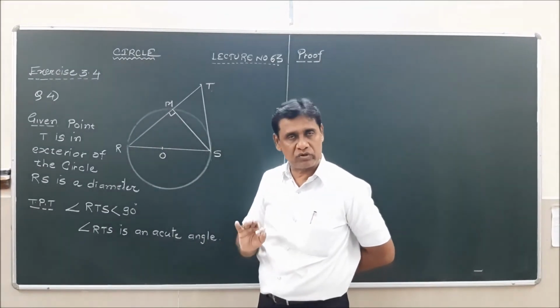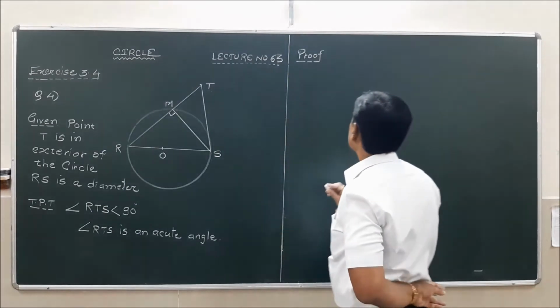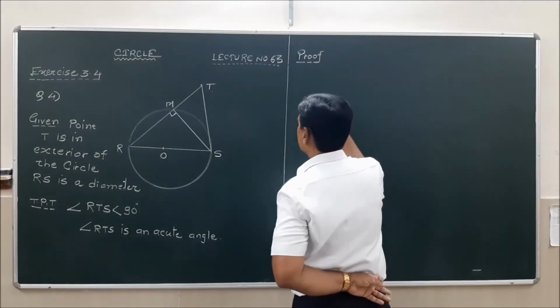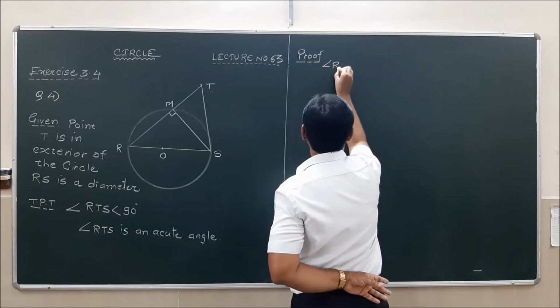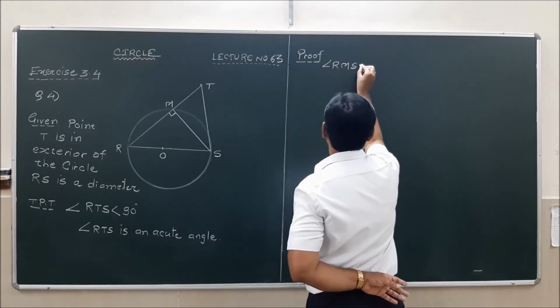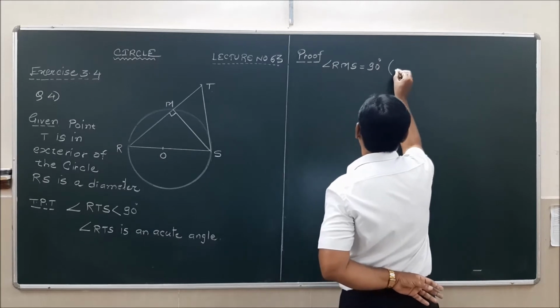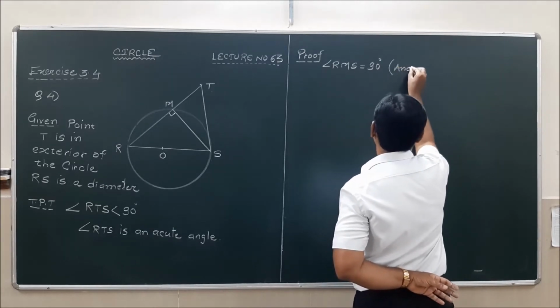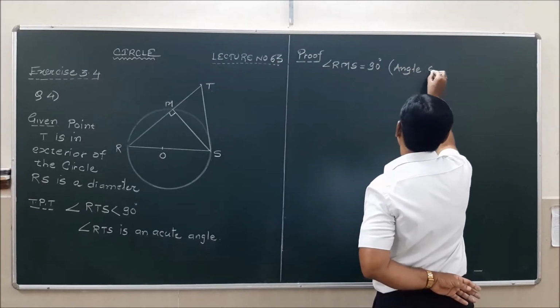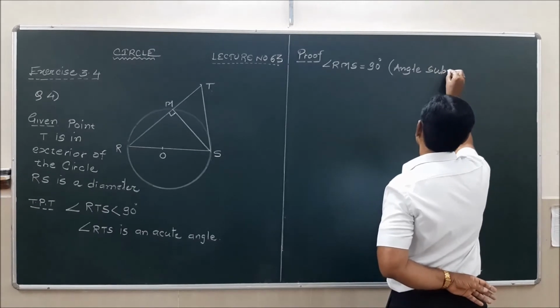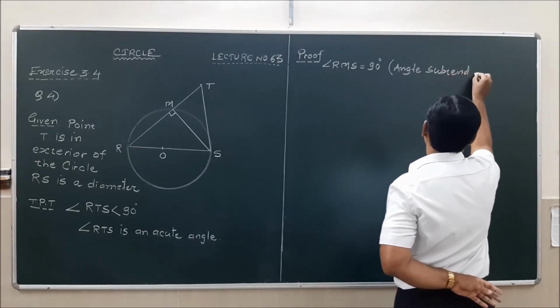Okay, that is what I am going to write now. So, in the proof, angle RMS is equal to 90. Straight away you can write: angle subtended by diameter.